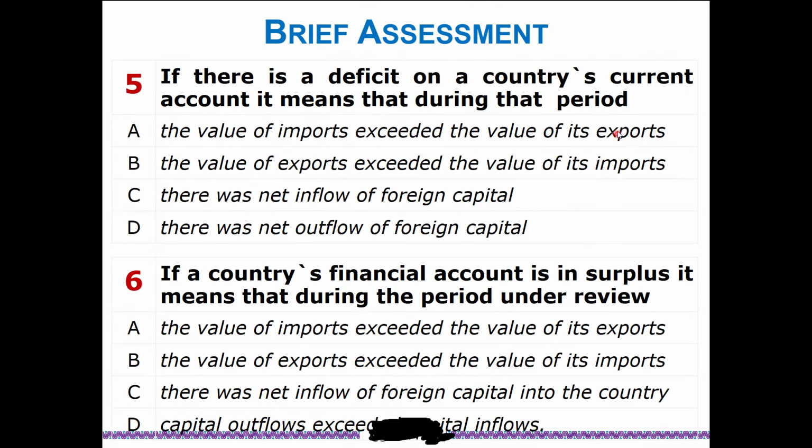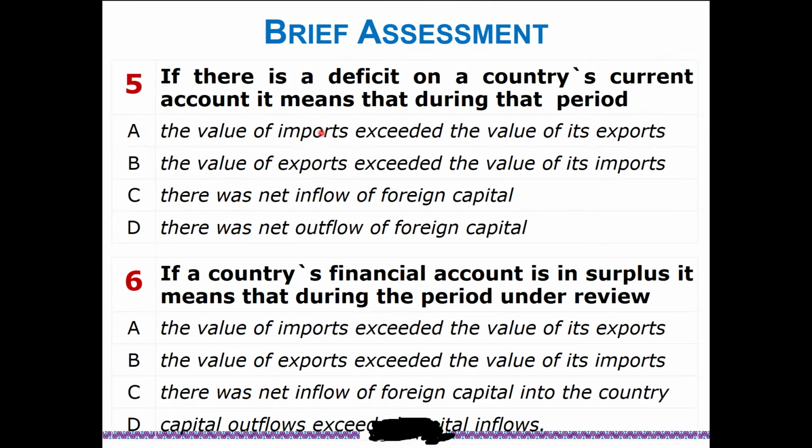And exports is us selling to the rest of the world, so money is coming in. So this is an income. So we would have a deficit if our income is less than our expenses, meaning that our expenses are greater than our income, right? So number A is the correct answer here.